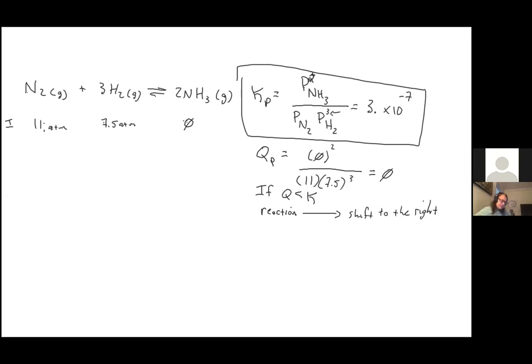Okay, the reaction will shift to the right. If Q is greater than K, then the reaction will shift to the left. Strangely enough, that's the terminology we use, okay?